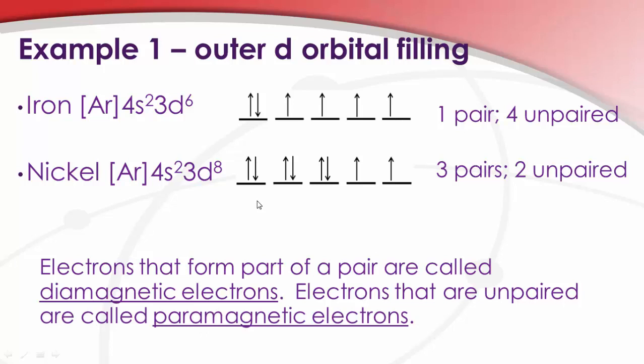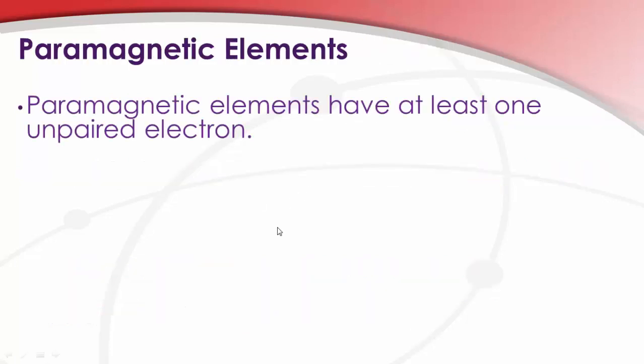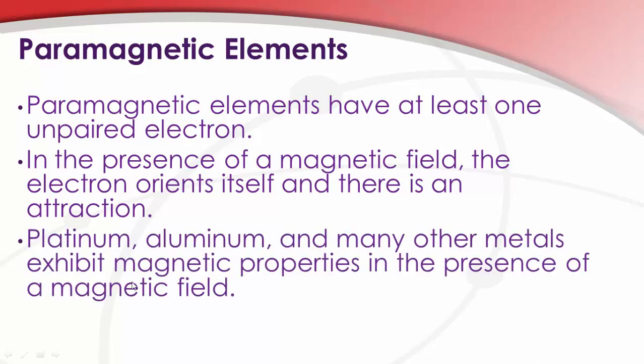These elements exhibit strong magnetic behavior because they have a number of unpaired electrons. However, there are lots of paramagnetic elements, far more in fact, that have at least one unpaired electron. And as mentioned, in the presence of a magnetic field, that electron will orient itself and there will be a small attraction. So platinum, aluminum, and many other metals that we don't think of as magnetic have magnetic properties in the presence of a magnetic field, if it's strong enough.